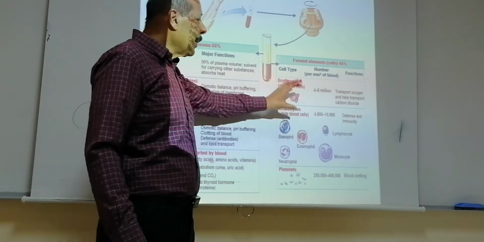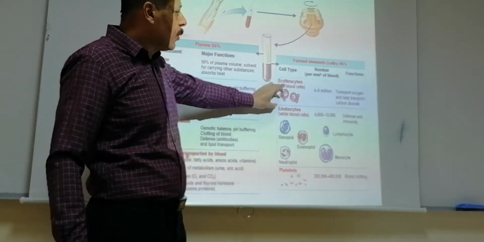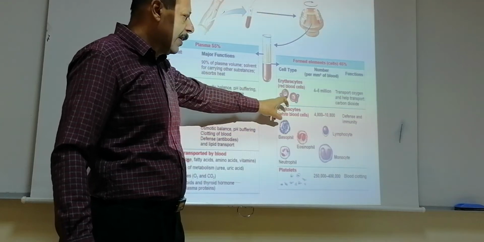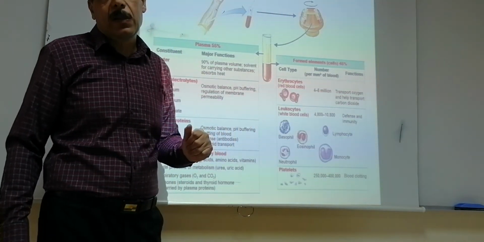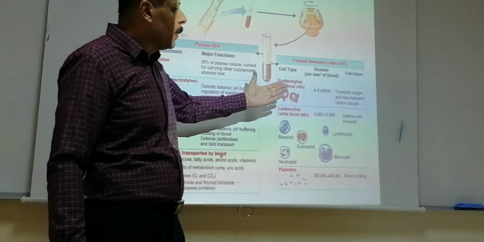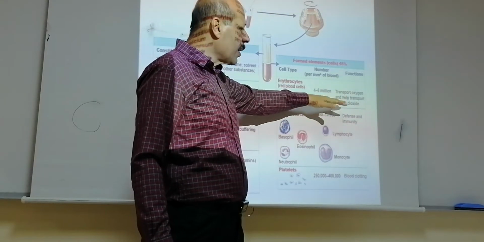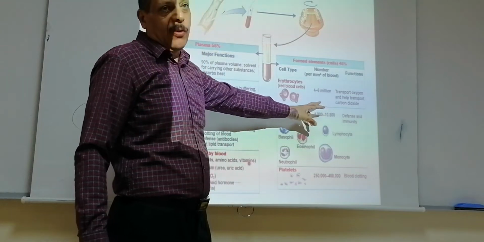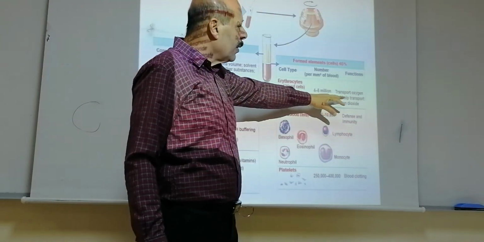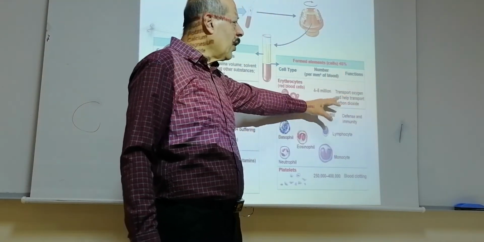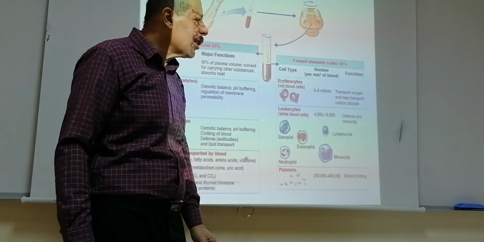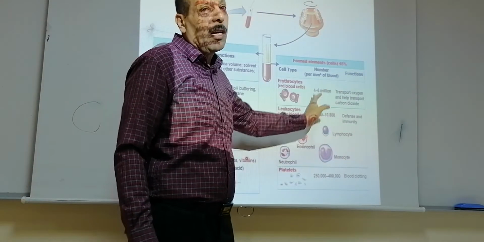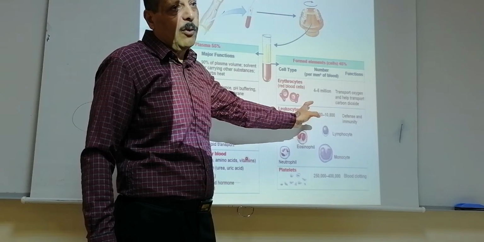Mostly it consists of the erythrocytes, which are the red blood cells. It is around 4 to 6 million per cubic millimeter. The main function of it is transportation of oxygen and help in the transportation of carbon dioxide.